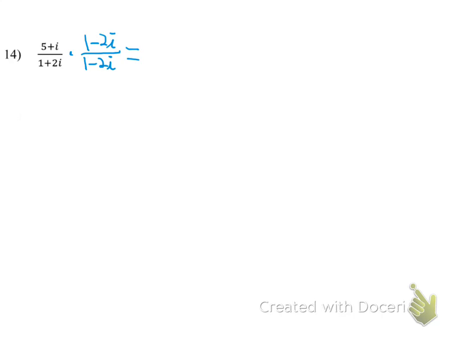Up top, we have to do our FOIL. We're multiplying these two quantities together. So we get 5 minus 10i plus i minus 2i squared.